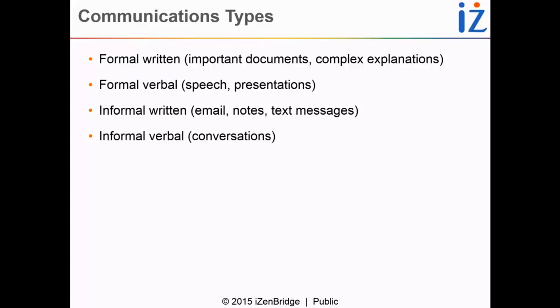For example, if you are negotiating a contract, then naturally that's a formal written type of communication. If you had to explain something which is difficult to understand, again, you would use formal written. Formal verbal is a more interactive way of communicating. Informal written, emails, notes, text messages, that's easy to understand. And then informal verbal. So these are the different types of communication one may use.